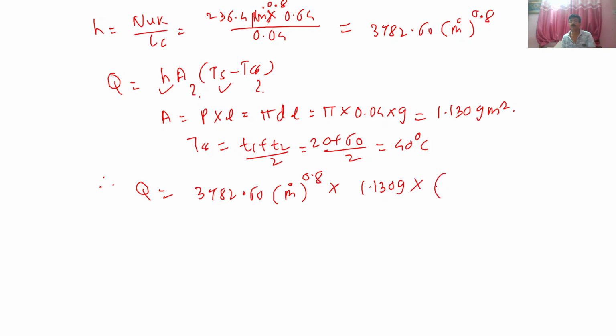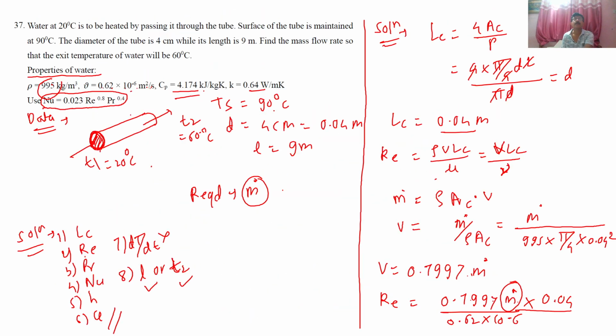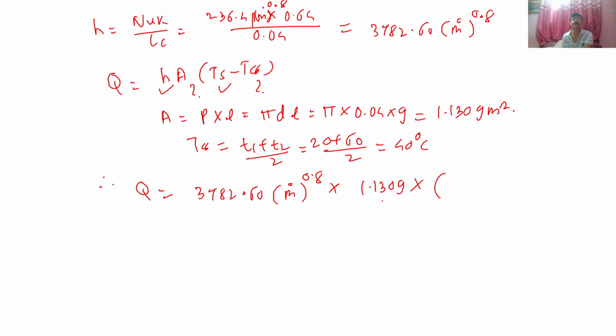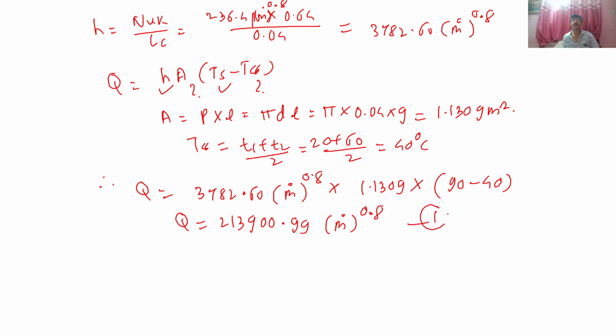Ts is 90, given. 90 minus 40. If I solve this, the answer of Q comes out to be 213900.99 m dot raised to 0.8. M dot is carried forward because that is the only unknown. I am putting this as equation 1.